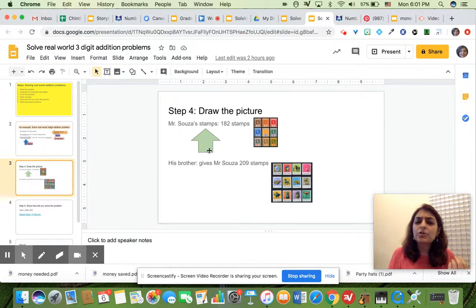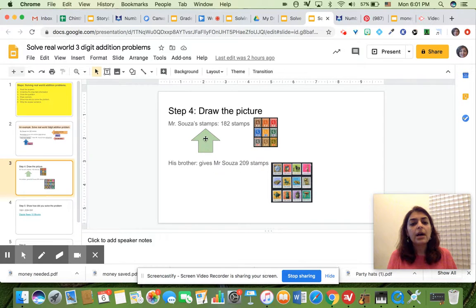Since the number is too large and I can't draw 182 stamps, I have to visualize and think. I may draw a couple of stamps that will help me understand that Mr. Souza's stamps, and I will write 182. Then I'm going to write down his brother who gives Mr. Souza 209 stamps. So I will draw a few more stamps.